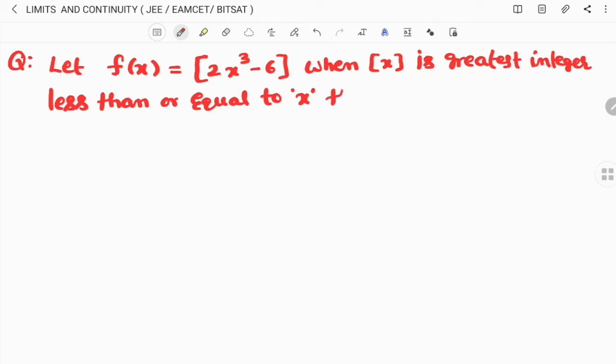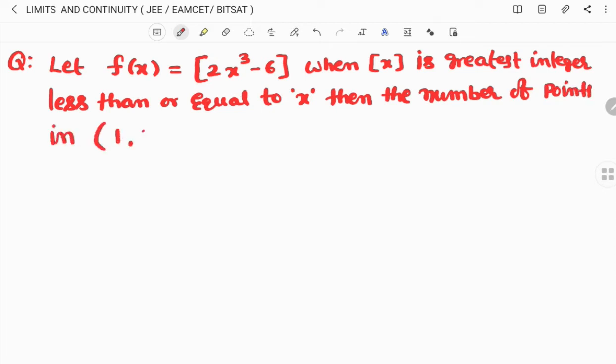Then the number of points in the open interval of 1 comma 2 where f is discontinuous is a good question.